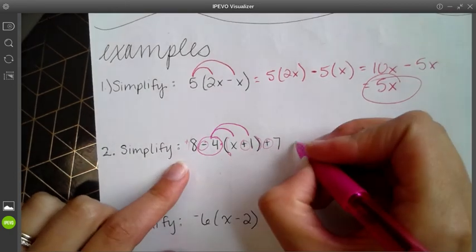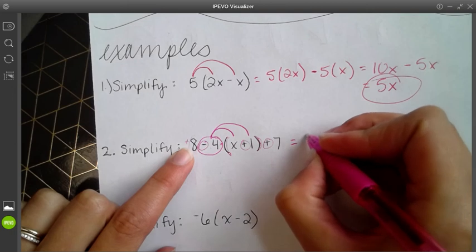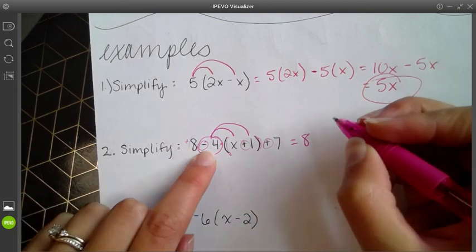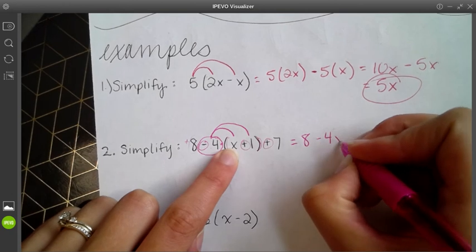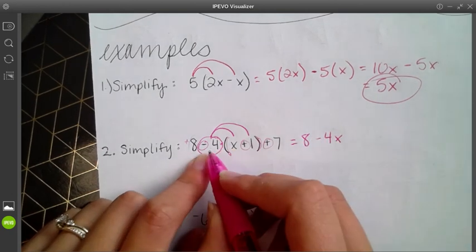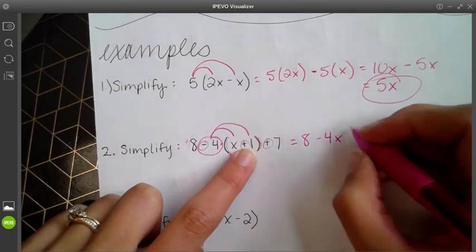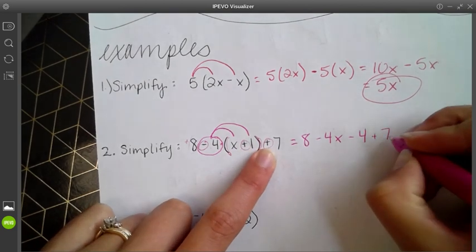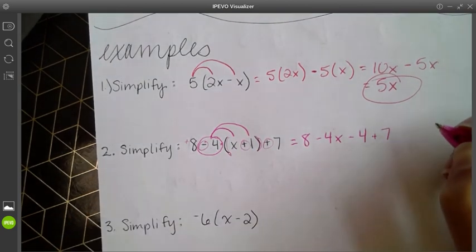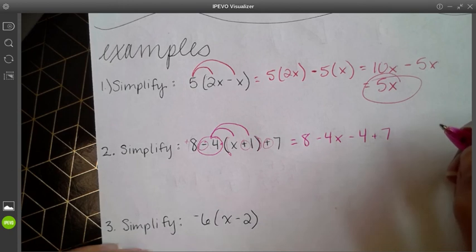So rewriting this, I have 8 still. Negative 4 times x is negative 4x. Negative 4 times 1 is negative 4. And then plus 7. Okay, make sure you tack that negative on.